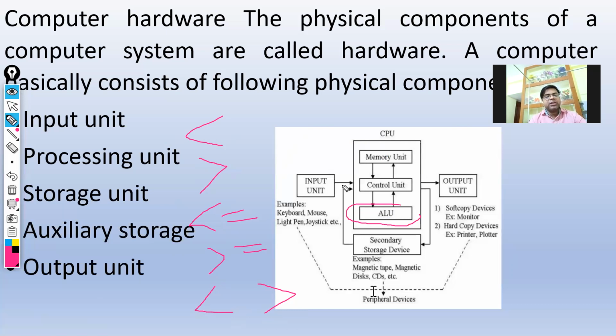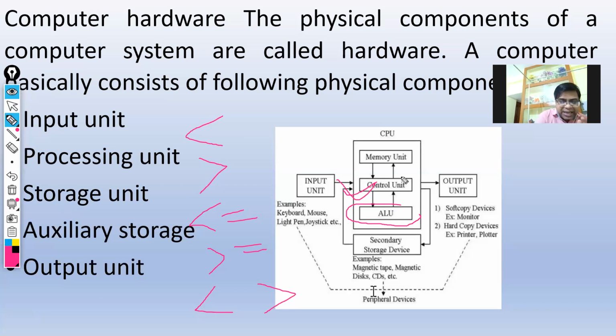Now, the next one is the control unit. The control unit controls the flow of data from the input devices to memory and from memory to output devices. It does not process the data. When the processing begins, the first instruction of the program is selected and fed into the control section of the primary storage area.